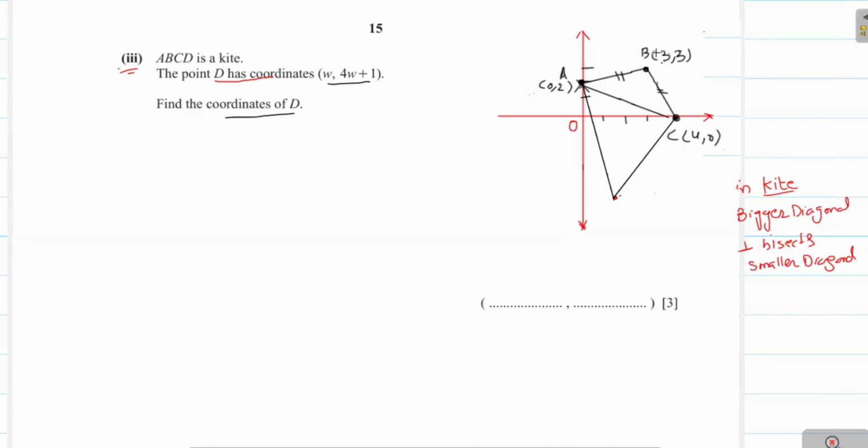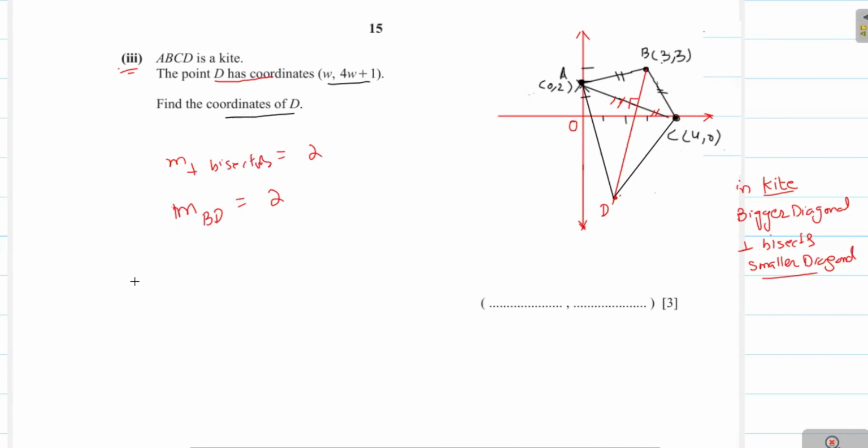You should remember the bigger diagonal always perpendicularly bisects the smaller diagonal, and therefore the gradient of the perpendicular bisector we already found in the previous part is 2. Therefore, the gradient of BD will be equal to 2.